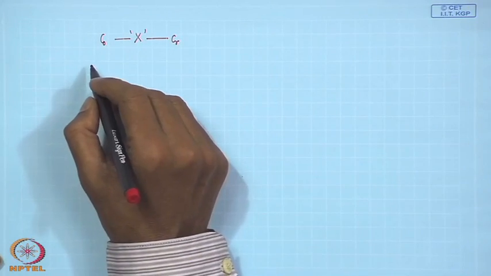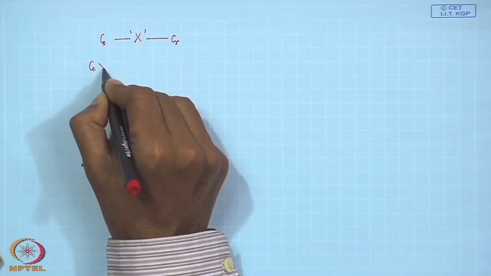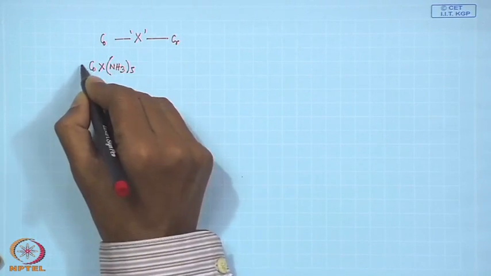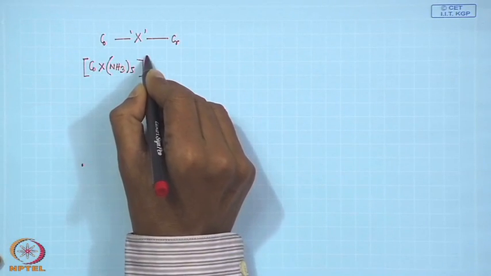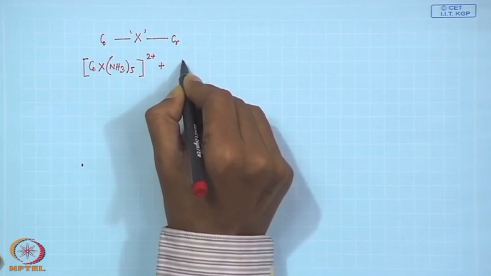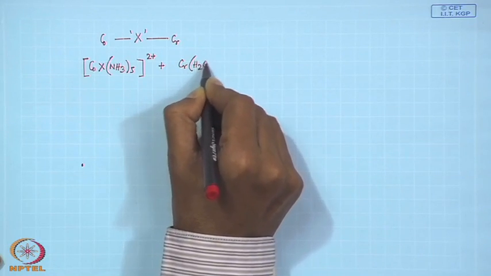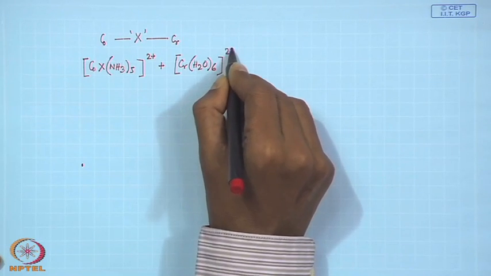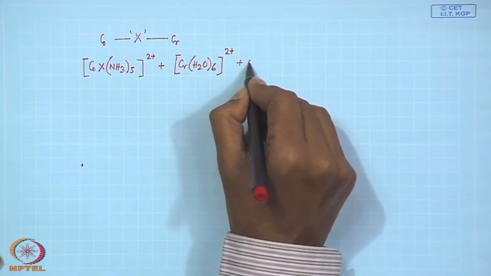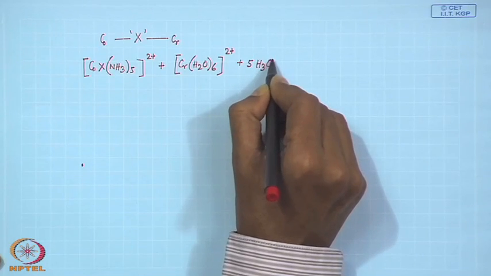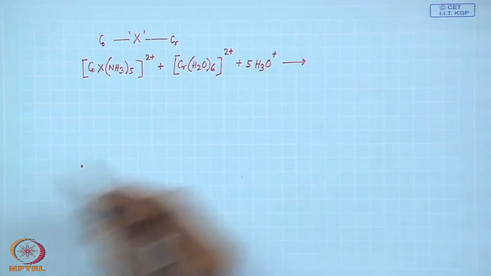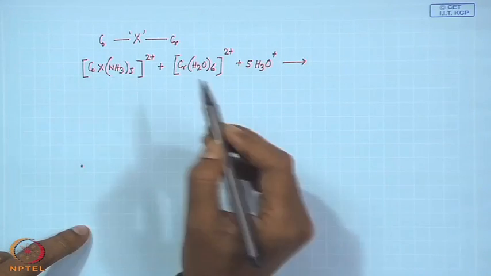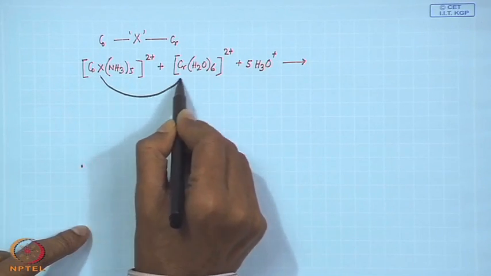So, if we have a cobalt X pentaamine compound, Co(NH3)5X 2+, reacting with chromium Cr(H2O)6 2+, with the presence of 5 water molecules in protonated form, that gives rise to the transfer of this X from here to here.